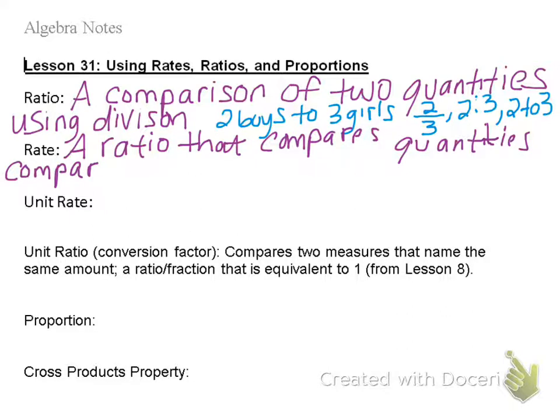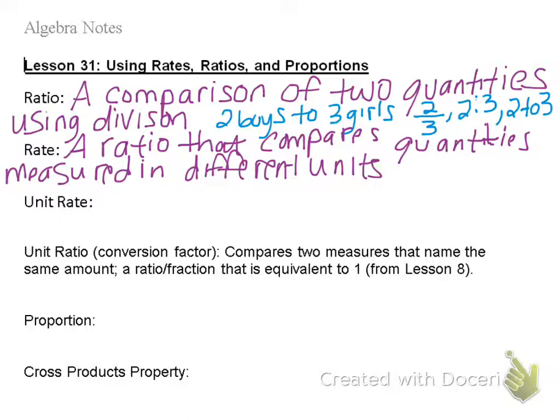Let's see, the eraser here. Quantities measured, not compared, in different units. So please write in the definition there. So an example of that might be feet per second, apples per dollars, or hits per month if you're talking about a different sport.